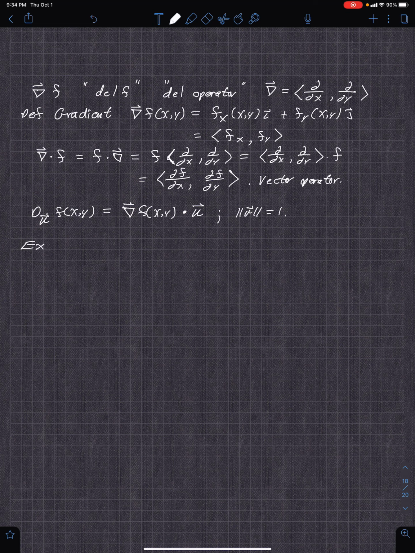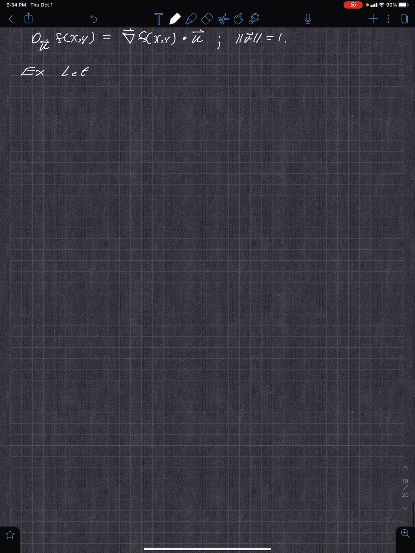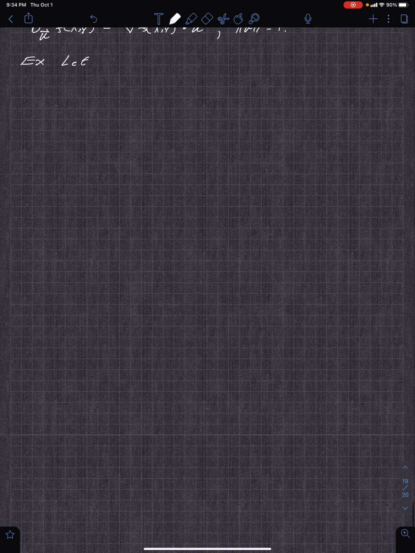So this example I often do, and I want you to graph it, and it's done in a certain way so you can kind of see what it's trying to say. But it's a somewhat mechanical one I want us to see first. Let f of x, y equal x squared minus 4xy.